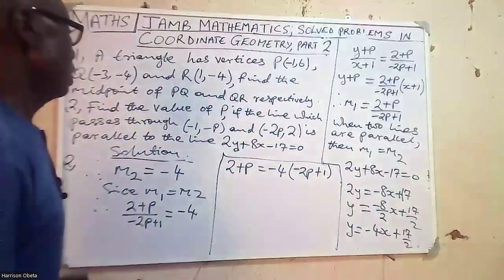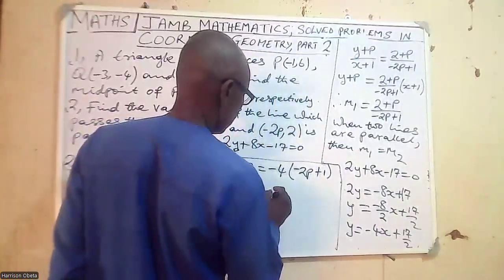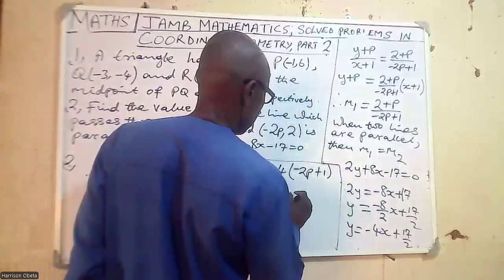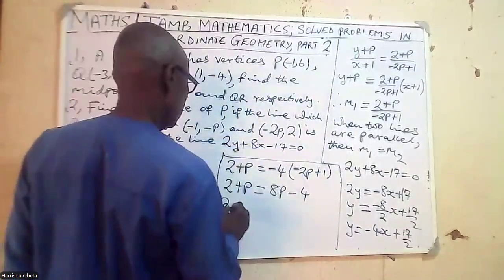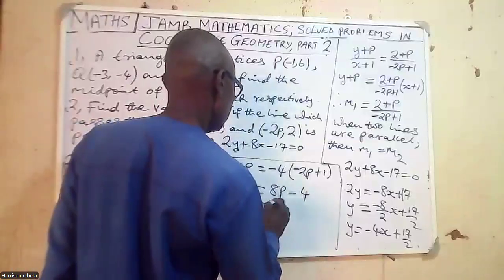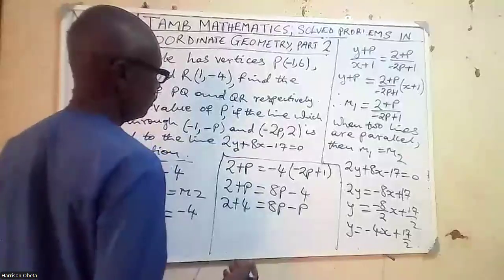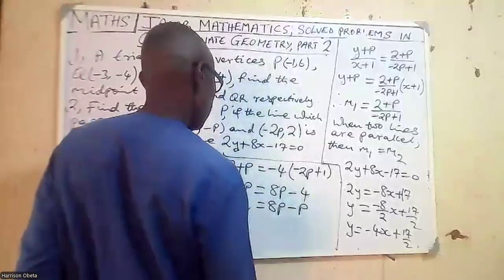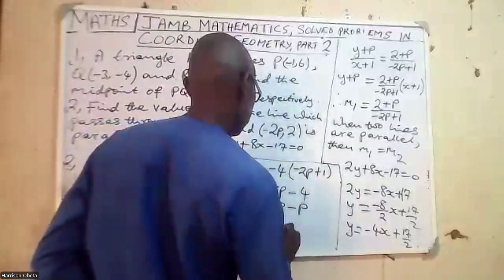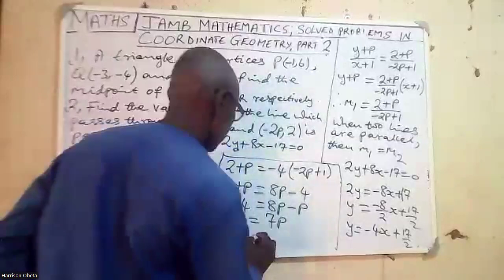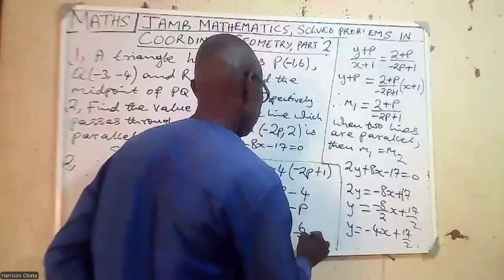To simplify further, 2 plus p is equal to 8p minus 4. Then 2 plus 4 equal to 8p minus p. Collecting like terms, 6 is equal to 7p. Therefore, p is equal to 6 over 7.